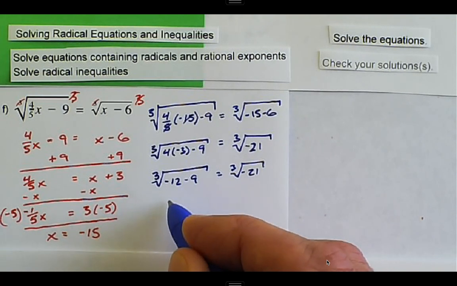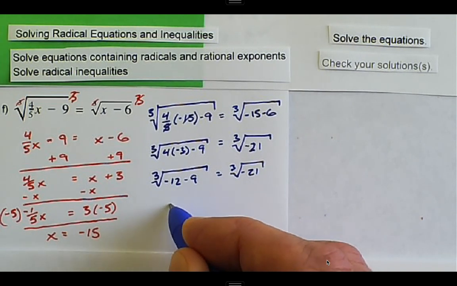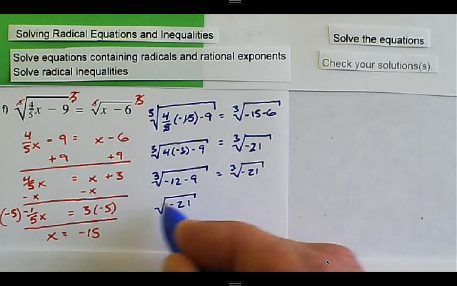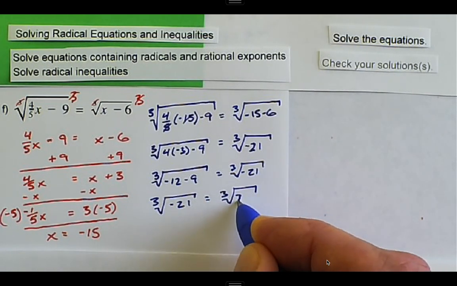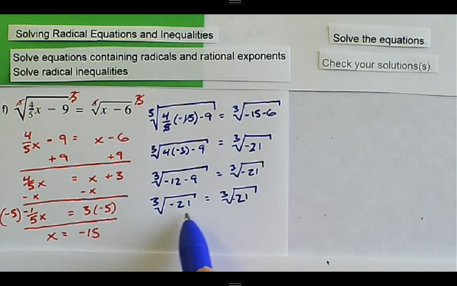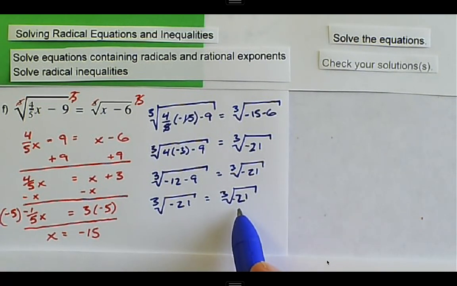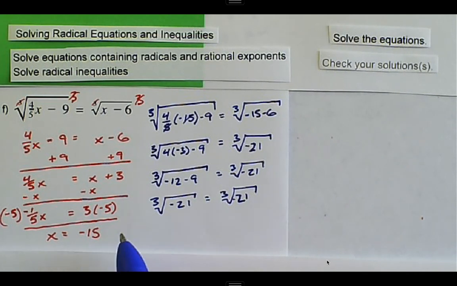And -12 minus 9 is -21. And so we're able to simplify it. So the cube root of -21 is equal to the cube root of -21. So x equals -15 is the solution.